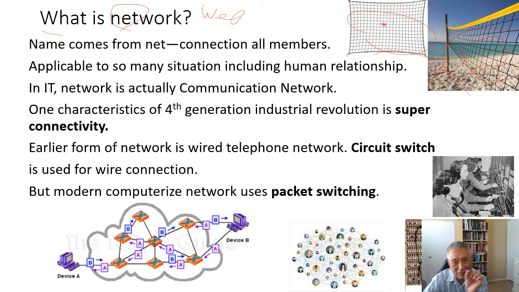Each dot is a computer, a site, or a cell phone. So it is a net of connection of all members. Then it applies to so many situations, including human relationships.